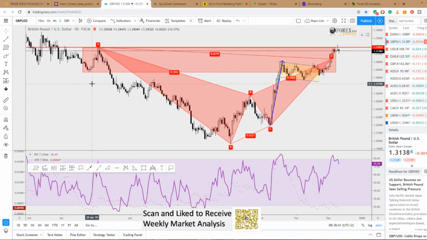Alright, so what's important and what's interesting, on 15th of December, which is a Sunday in Singapore, definitely the market is not open. There will be an answer to the tariffs, and of course it will affect dollar movement.